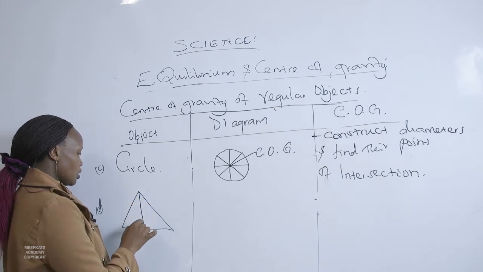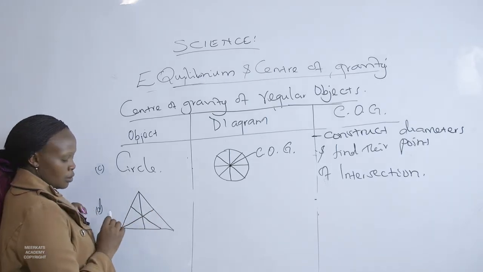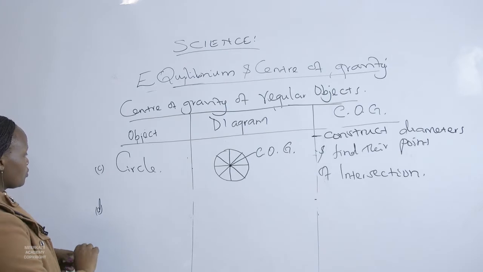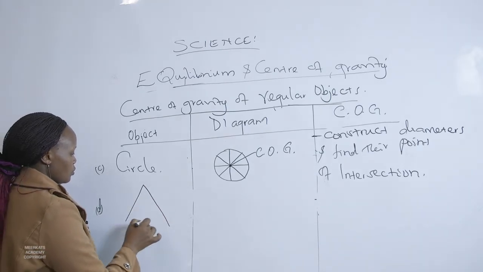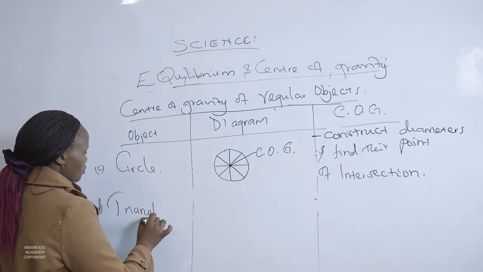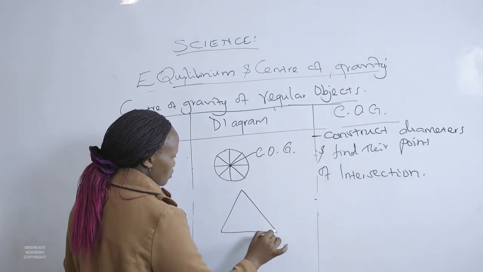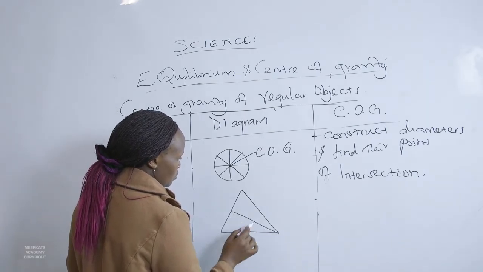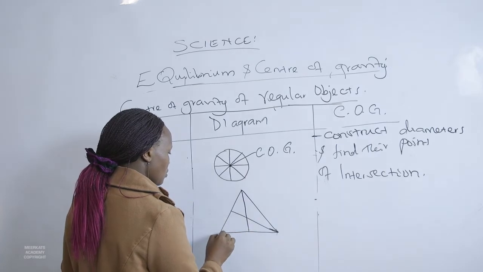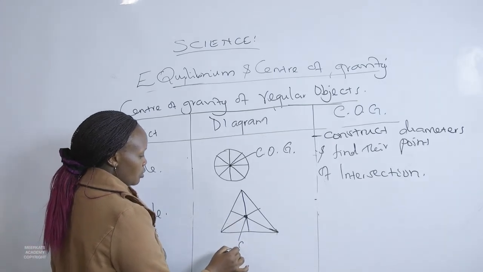You construct some line from the vertex, and now their point of intersection is the COG.